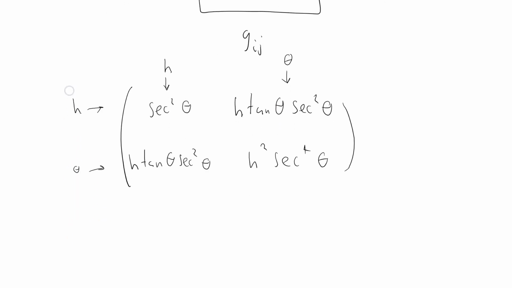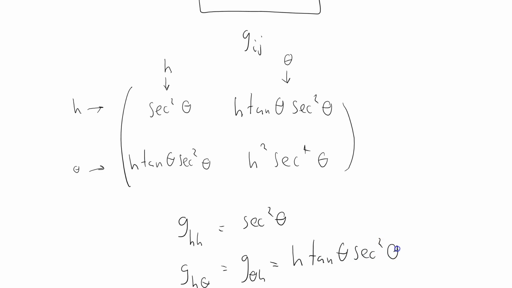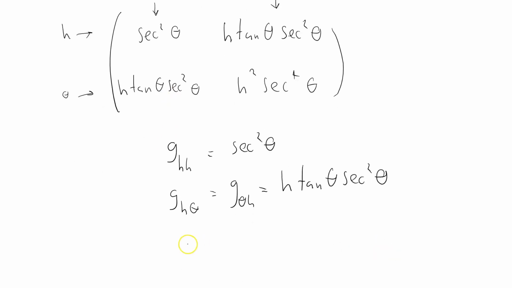So I can write that as G_hh, and I can just read it off. G_h theta equals G_theta h equals h tan theta sec squared theta. G_theta theta, which is the lower right term, equals h squared sec to the 4 theta.